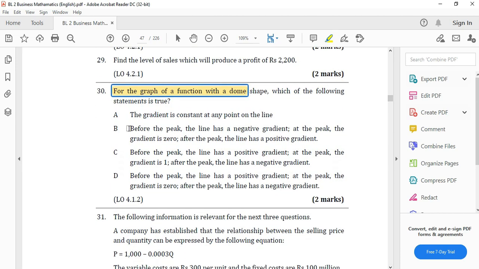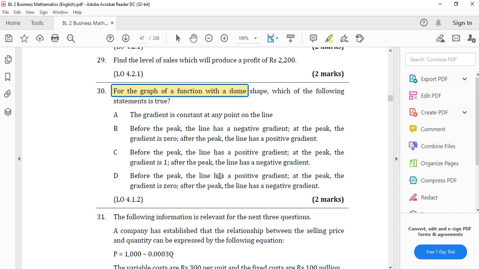Let's see B. Before the peak, the line has a negative gradient. At the peak, gradient is 0. After the peak, the line has a positive gradient. No, it isn't. Let's see the next. Before the peak, the line has a positive gradient. That is correct. And what do they mean by peak? Peak is the maximum point.